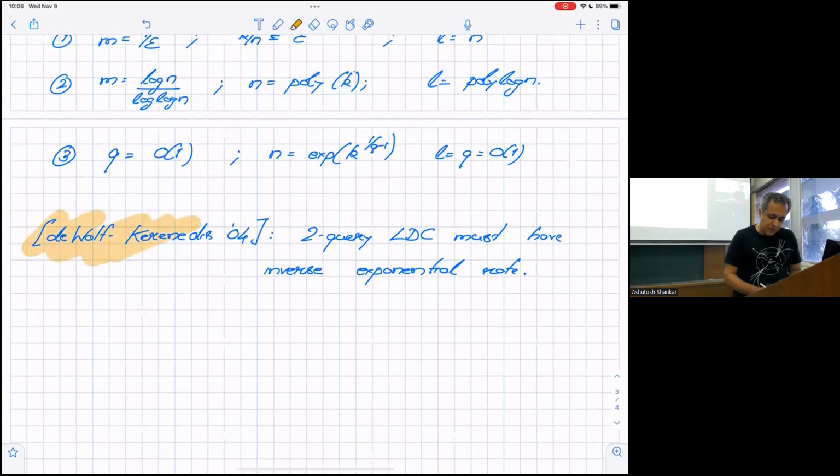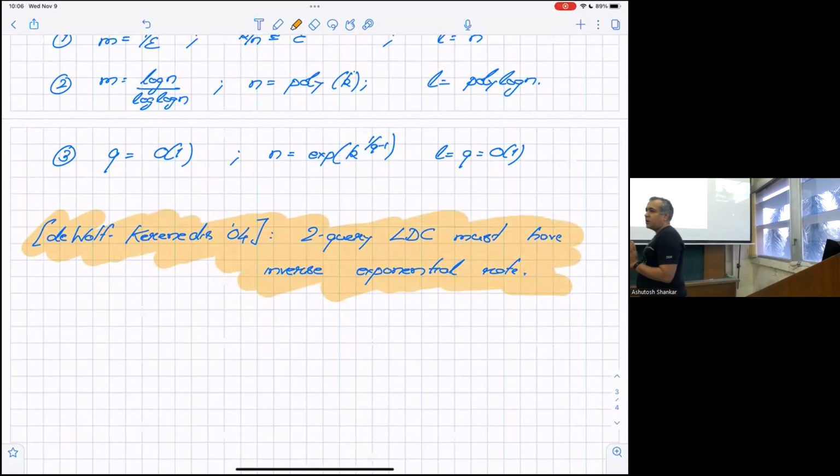Negative. It basically said that if you care for 2 queries, Hadamard is more or less the best that you can do. You can't do anything better.